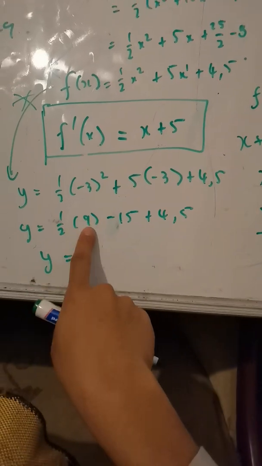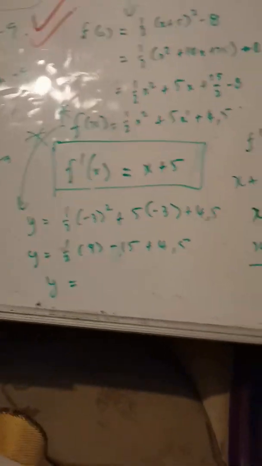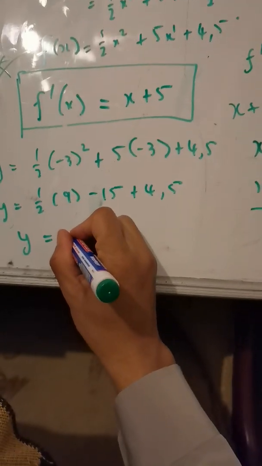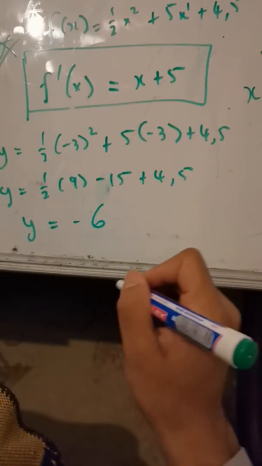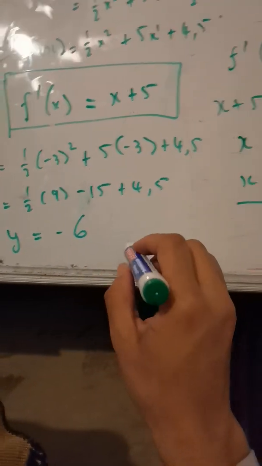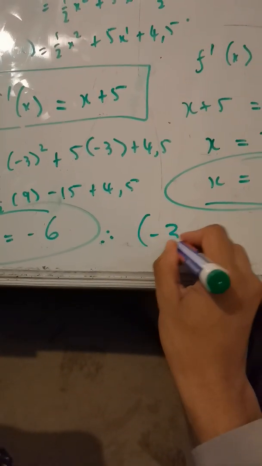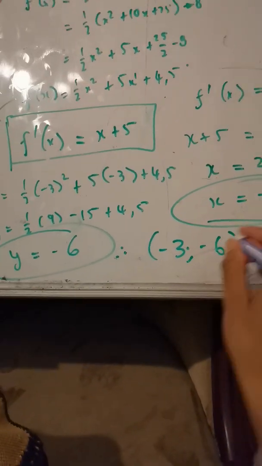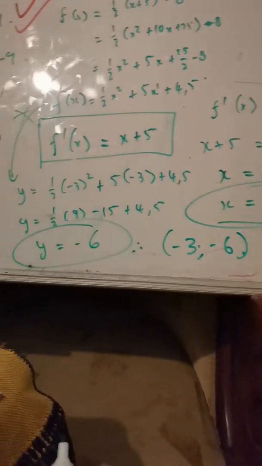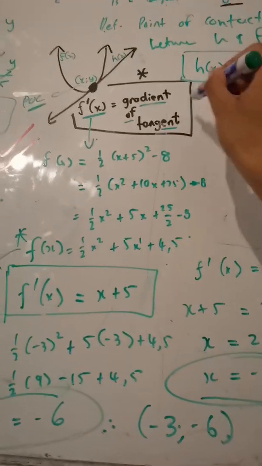Half times 9 is 4,5. 4,5 plus 4,5 is 9, and 9 minus 15 is minus 6. So y is equal to minus 6. So we got the x value, we got the y value, and therefore my point of contact is negative 3 and minus 6.